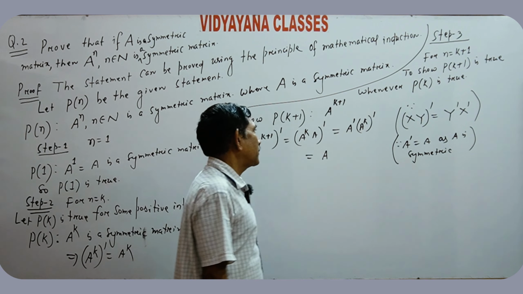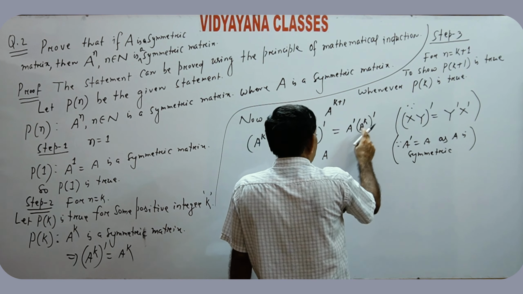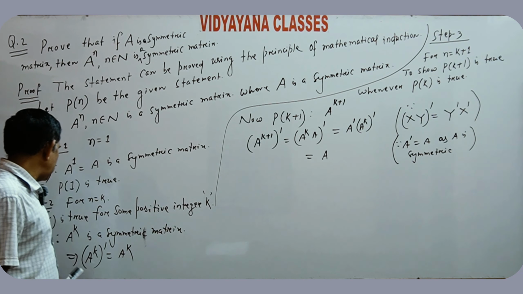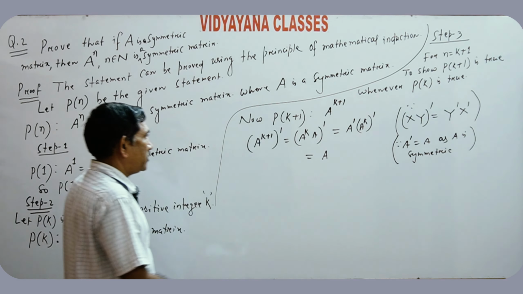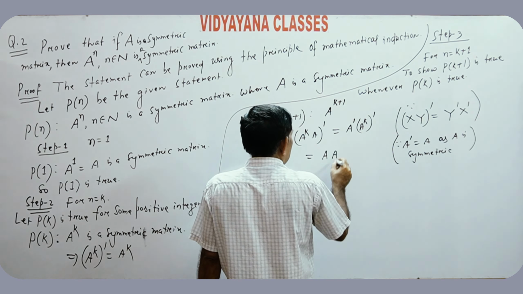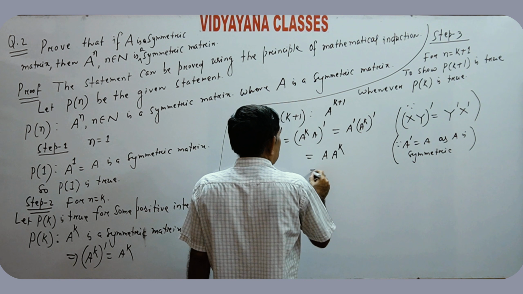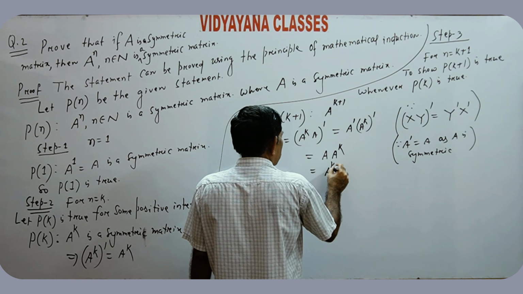Clear? Transpose of A to the k is equal to A to the k since A to the k is a symmetric matrix. Which is same as A to the power k plus 1.